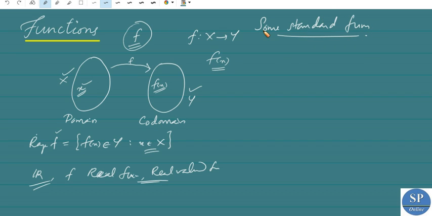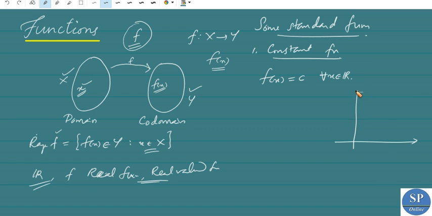Some standard functions. First one, a constant function, that is f of x equal to some constant c for all x belonging to R. That is the constant function. So what will be the graph of this function if this is the y axis and this is the x axis, y equal to f of x?